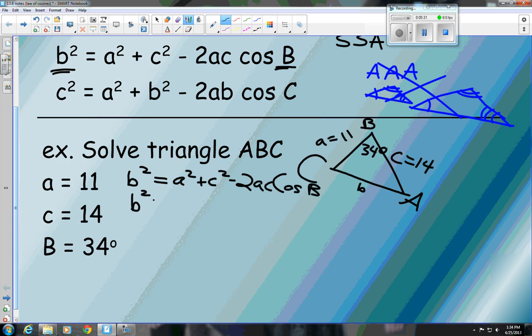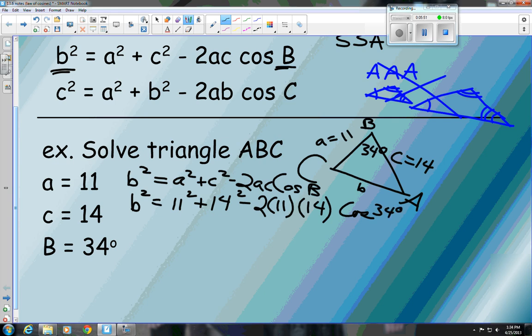B squared equals 11 squared plus 14 squared minus 2 times 11 times 14 cosine of 34 degrees.